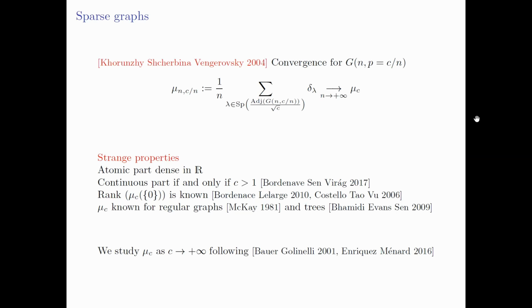And it has been proven by those authors that indeed, again, we have a convergence. But the limit is a bit stranger. Something I should say is that because the matrix here is random, this distribution here is random.